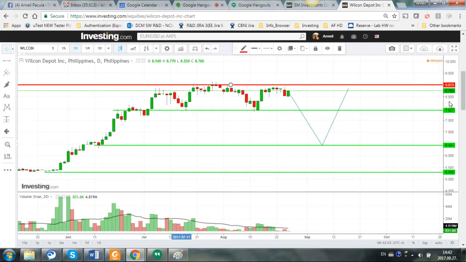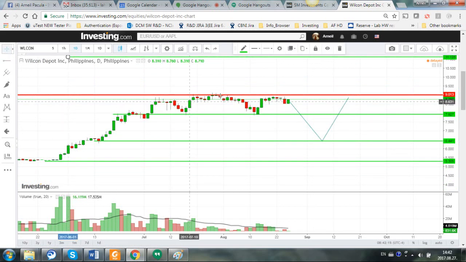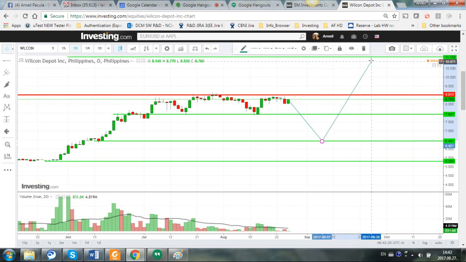Right? If it is not your target price, then don't sell. There is no need to sell. Kasi if your target price is, let's say, at 11 pesos, then wait until there is a breakout. Tataas siya, ganyan. Then, in that case, you will sell at 11.